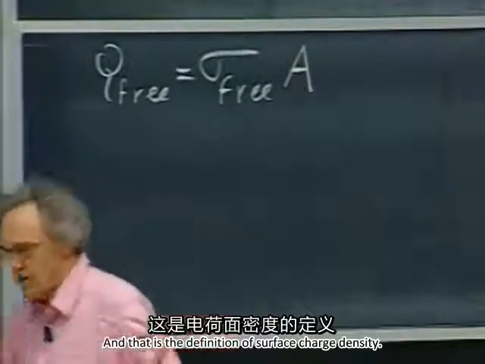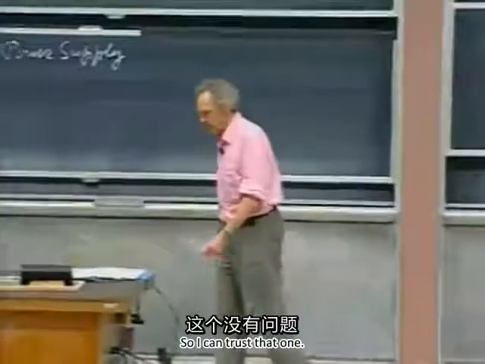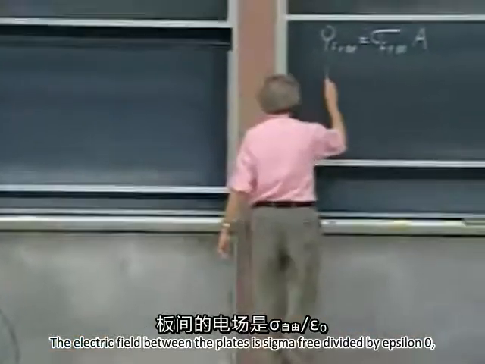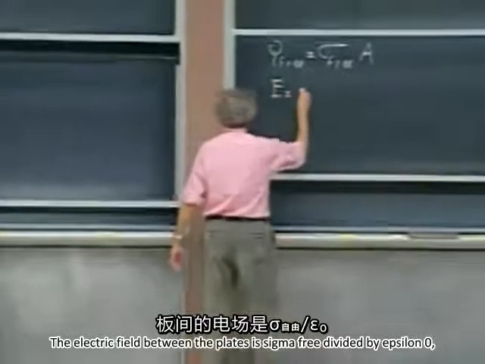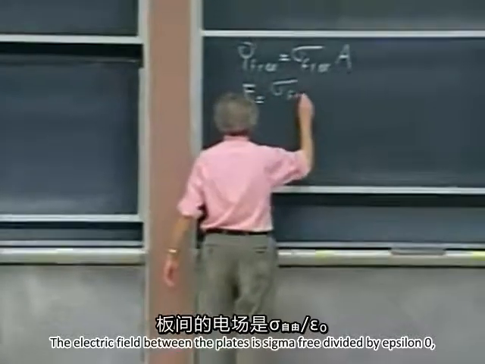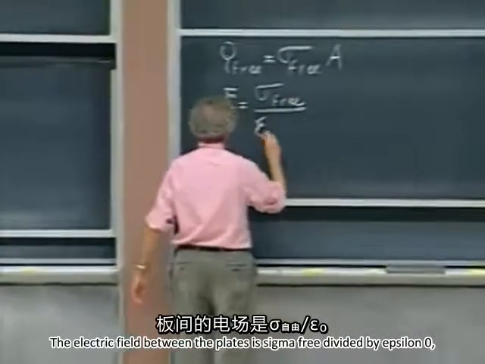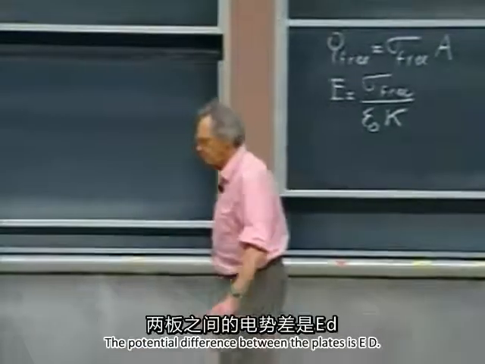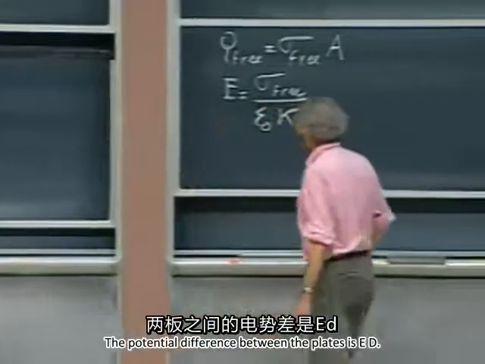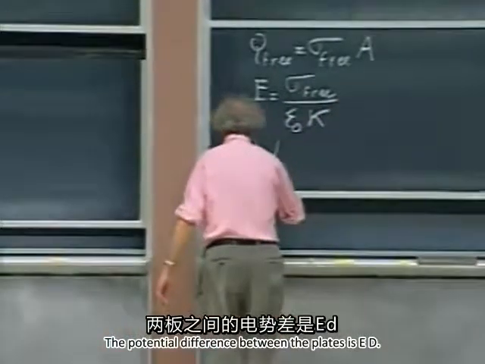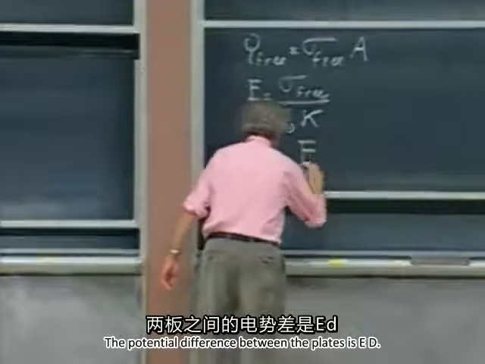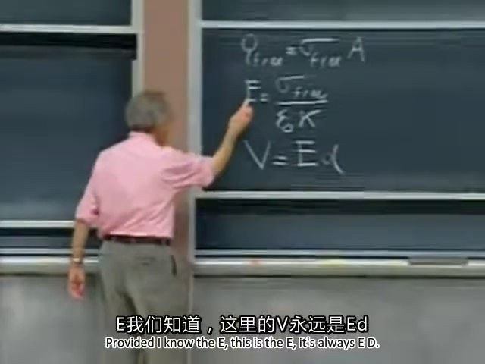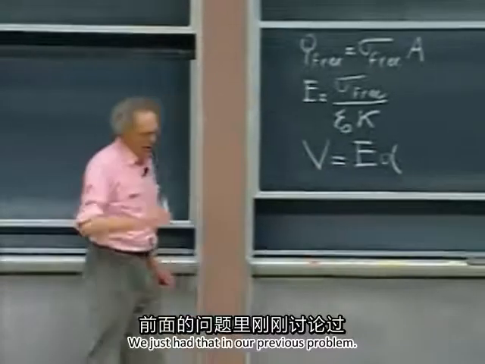And that is the definition of surface charge density. So I can trust that one. The electric field between the plates is sigma free divided by epsilon 0. But now I get a kappa there if we have a dielectric. The potential difference between the plates is ED. Provided I know the E, it's always ED. We just had that in our previous problem.